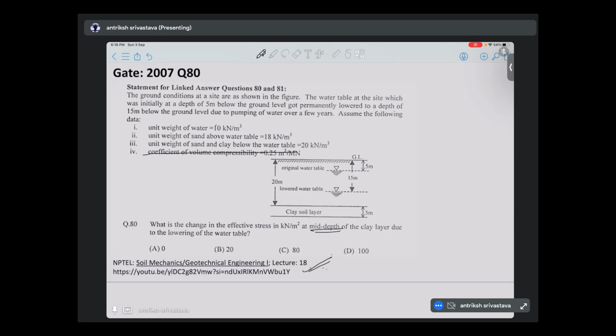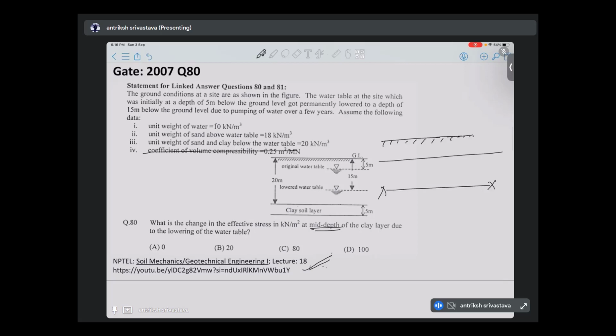Before we go to this, first we'll discuss what is actually effective stress. So let's say we have a soil layer, and here we want to measure the effective stress, and the water in this soil layer is till this location.